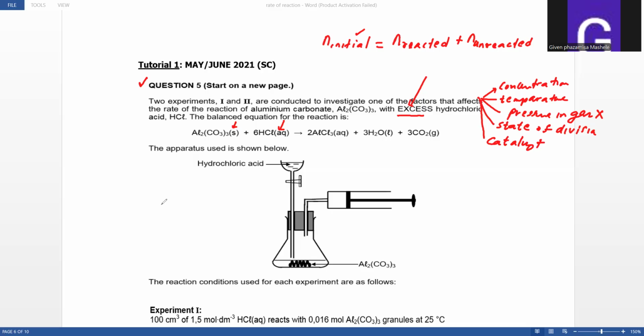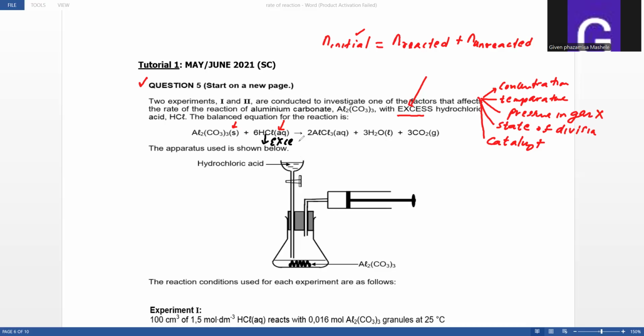Before I look at the questions, with aluminum carbonate, we can speak of temperature, we can speak of a catalyst, and we can speak of surface area, in terms of the investigation. But let's just go through this. There is something that I need to explain here. They told us that the hydrochloric acid was in excess.